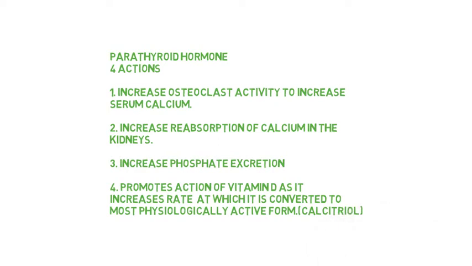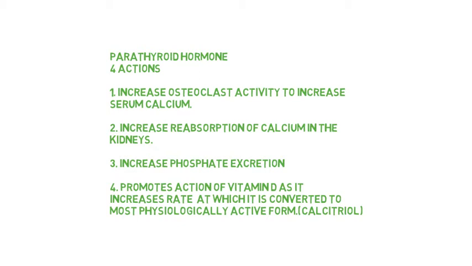And how does it go about increasing the serum calcium? Well, 4 actions, 1 related to the bone and 3 to the kidneys. It causes osteoclasts to break down bone to release calcium, and this will increase serum calcium. And it also causes reabsorption of calcium in the kidneys. By the same note, it increases phosphate excretion in the kidneys, and this is important as calcium and phosphate can bind together, forming calcium phosphate, and we don't want that.